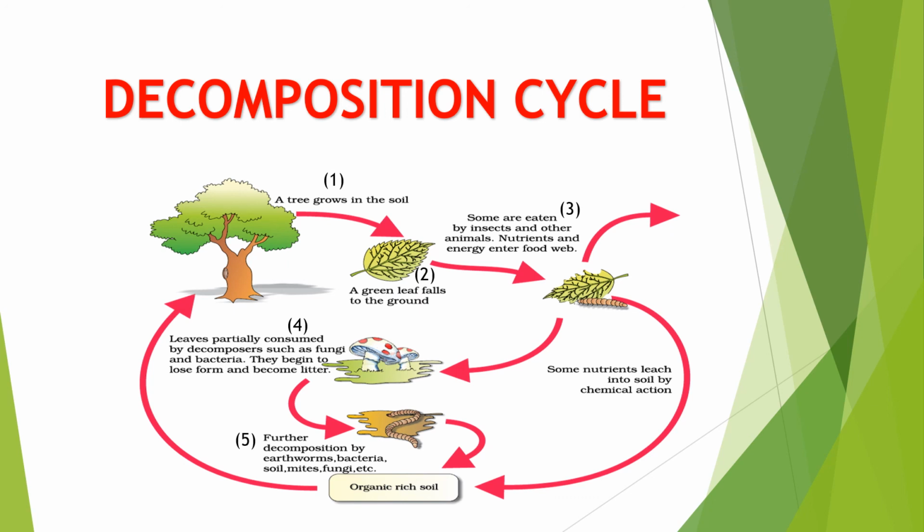And further decomposition by earthworms, bacteria, fungi, etc. forms an organic rich soil. The soil is now rich in nutrients, and these nutrients are again absorbed by the plants so that this cycling of the nutrients may take place.